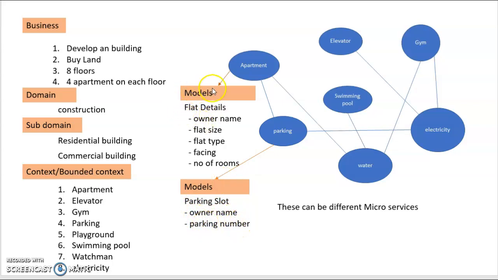This business model flat details is specific to the bounded context apartment, and this business model is specific to the bounded context parking. There is no connection between flat details and parking, and between parking slot and apartment. This is how we are setting the boundaries of different bounded contexts.